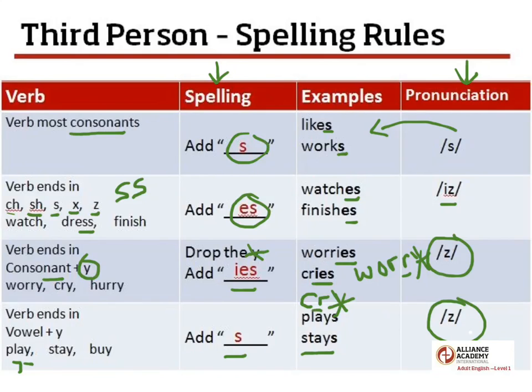But this is an important part in our speaking. We want to pronounce that last S sound correct. So usually we'll take the S sound, like works and likes. However, we do have variations, especially with these ones, where we would say watches, finishes, and then the final Z sound, such as worries, cries, plays, and stays.